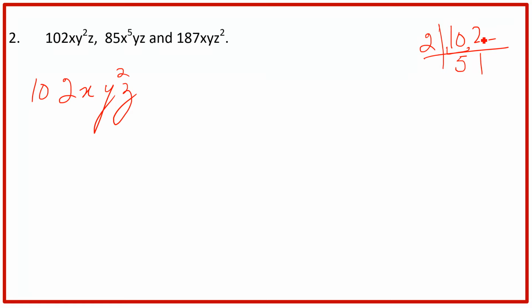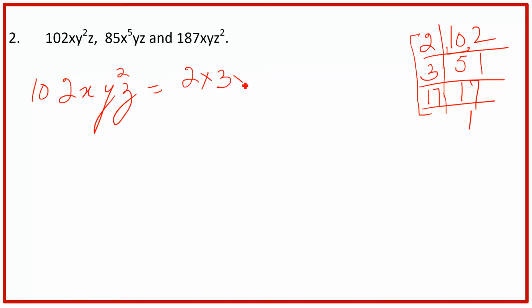That is why I have used 2, and now is the 51. 51 comes in the timetable of 3, 3 1 time 3, 3 7 times 21, and then 17 1 time 17. These are the factors of 102. So instead of 102, we can write down 2 multiplied by 3 multiplied by 17, and write down the variables as it is.